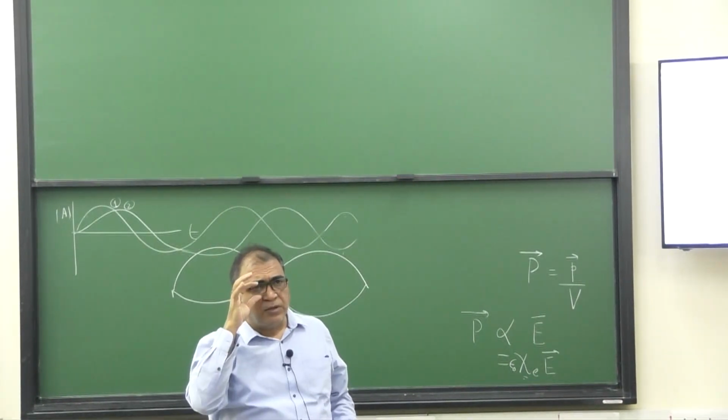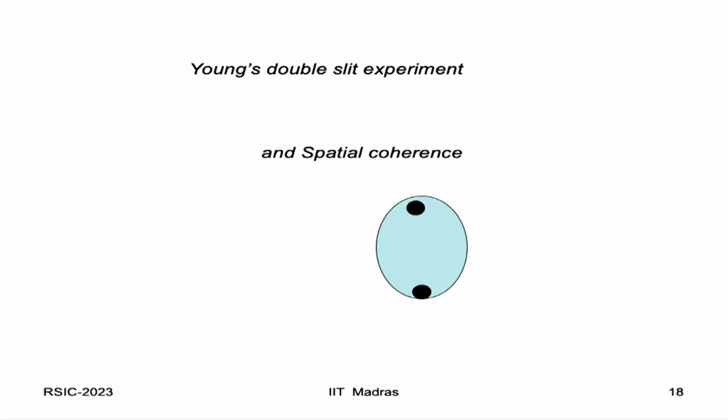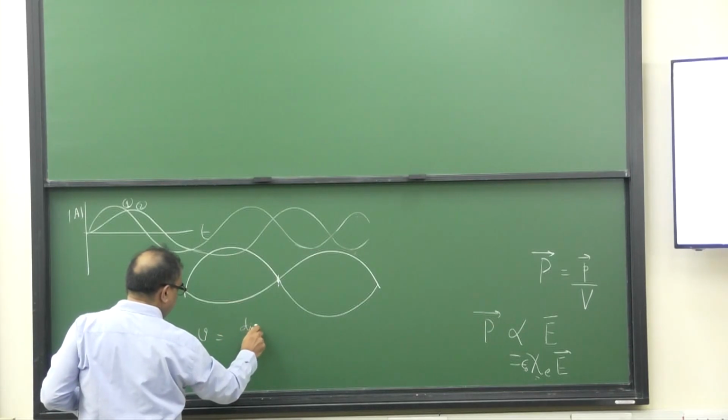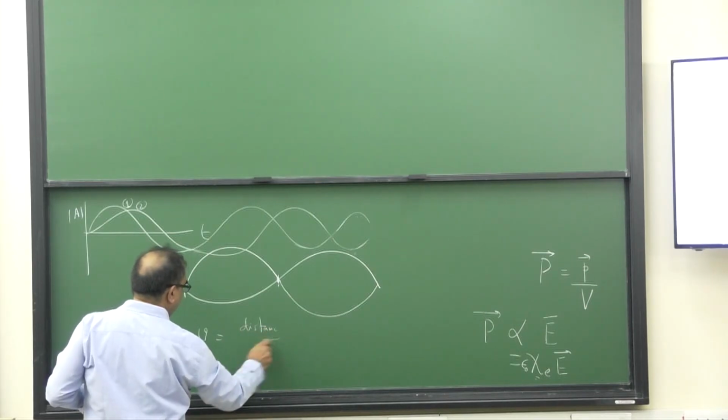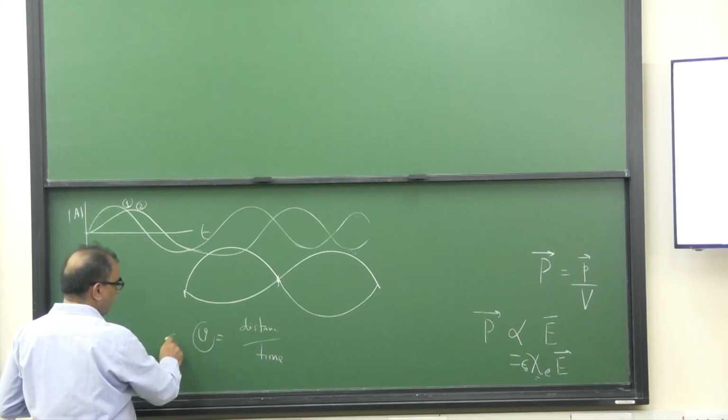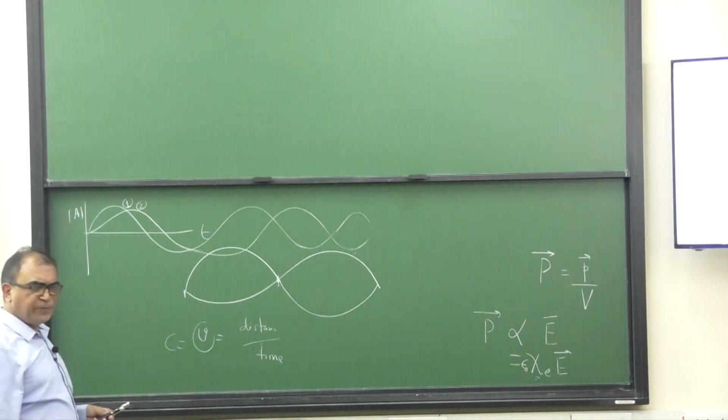Sir, could you repeat what coherent length means? Coherent length. Velocity is equal to distance by time. So this is c for the speed of light.